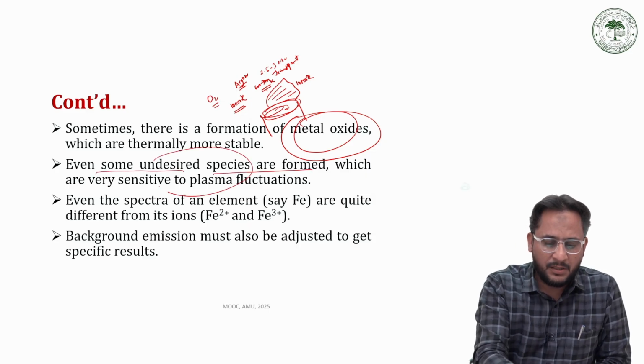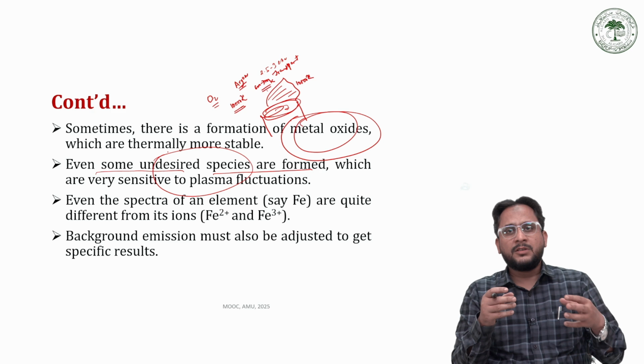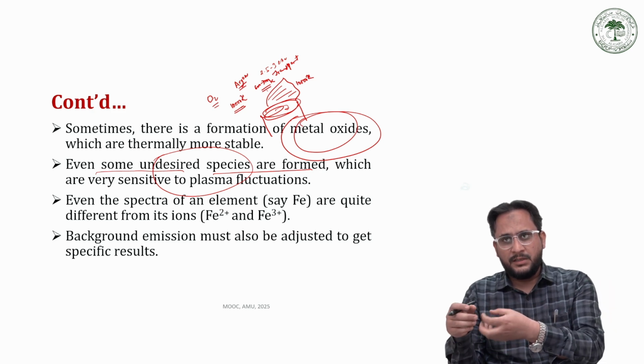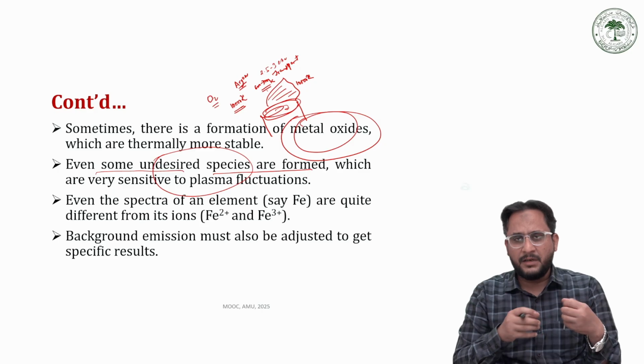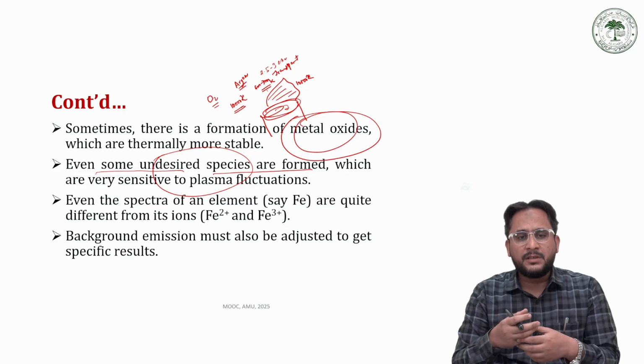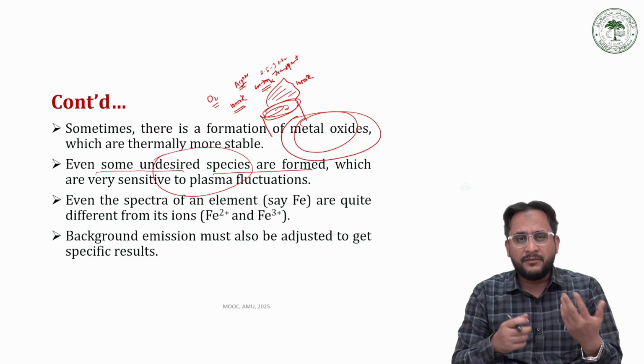This is a possibility, as I said, because sometimes the molecules atomize into individual atoms for excitation, and those atoms again recombine to form the molecule, or they sometimes react with the solvent component and form undesired species, because of which we may have extra peaks, or these undesired species may affect the plasma, causing fluctuations in the plasma.